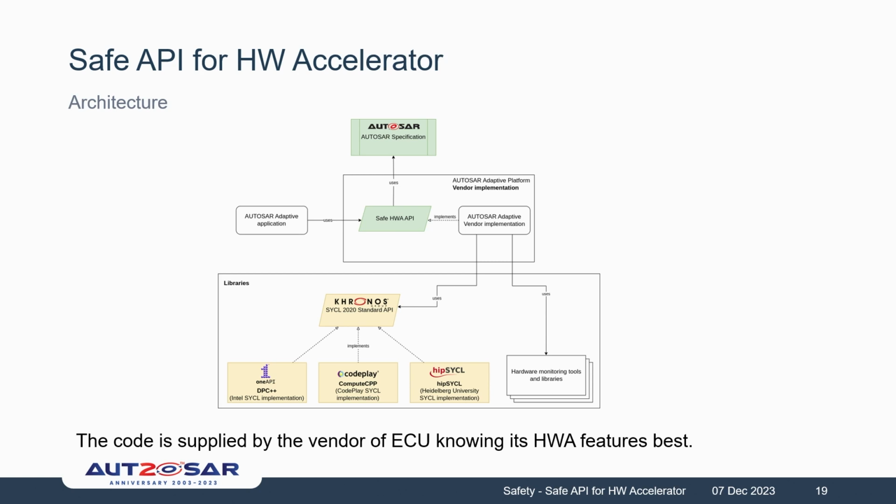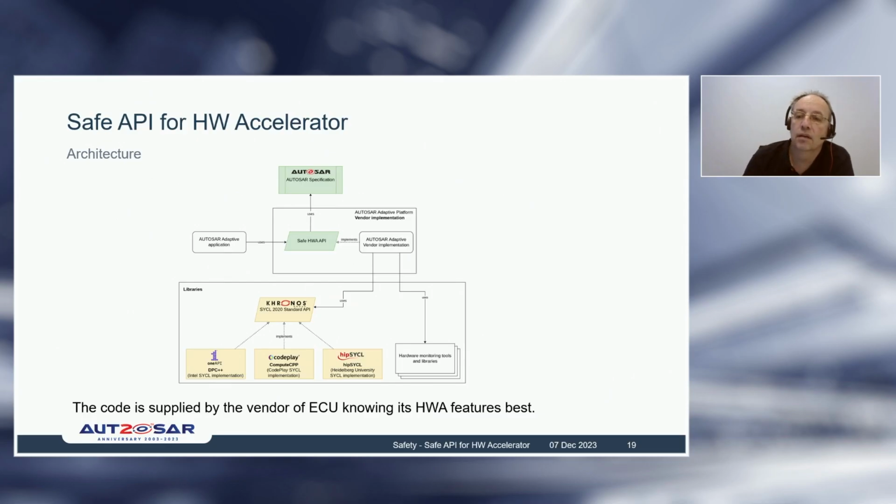Well, this can be seen similar to an MCAL, which has a standardized interface to the upper layer and a proprietary interface to the lower layer, because the hardware from each processor supplier is different from the hardware of another. The vendor-specific implementation covers the tasks to use the hardware support as best as possible. This combination of both is the safe API that allows to use the speedy resources for computation.